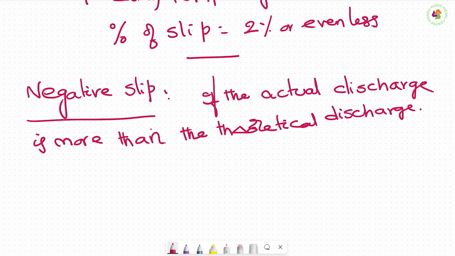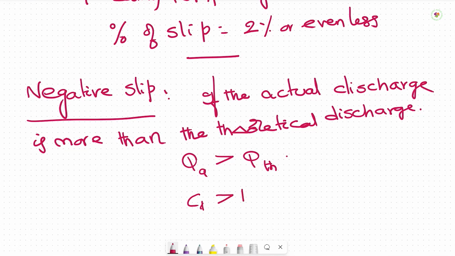What does negative slip mean? Negative slip occurs when actual discharge is greater than theoretical discharge. This happens only when CD is greater than 1.